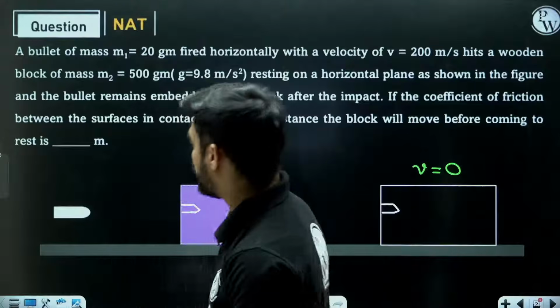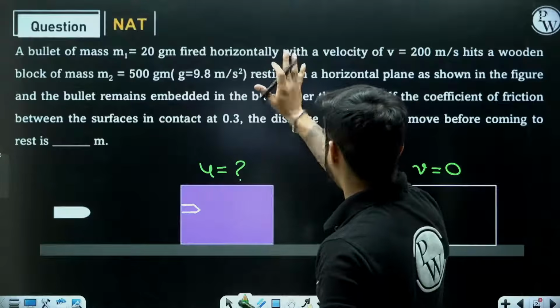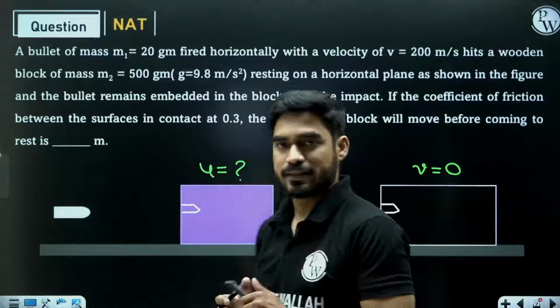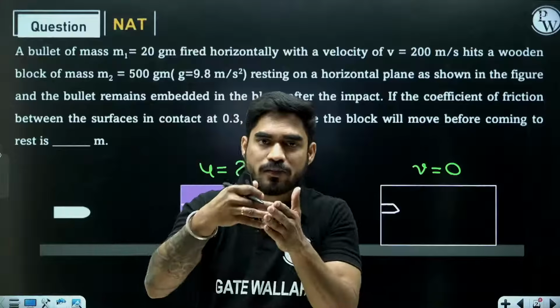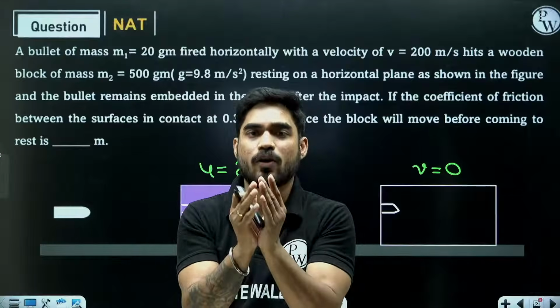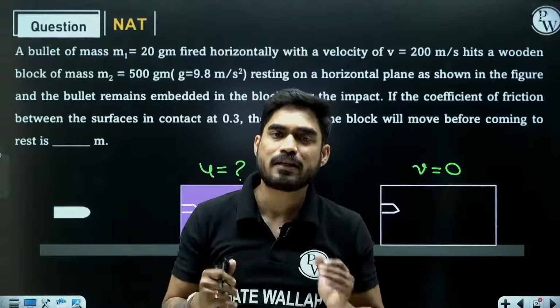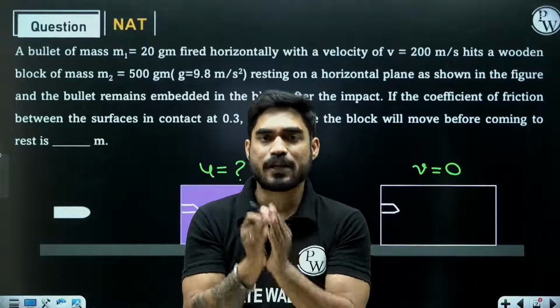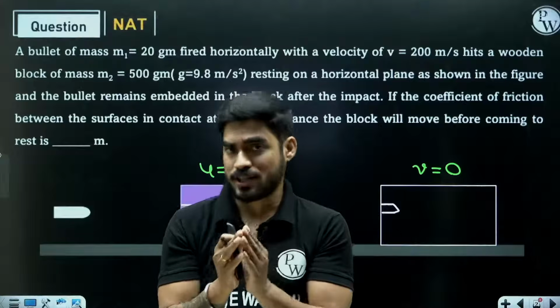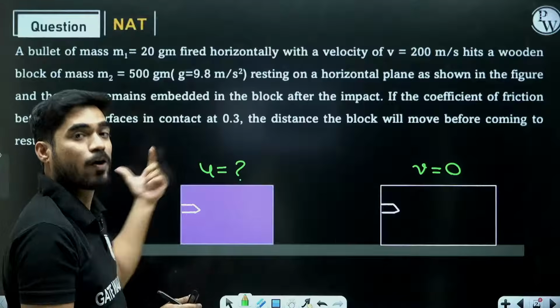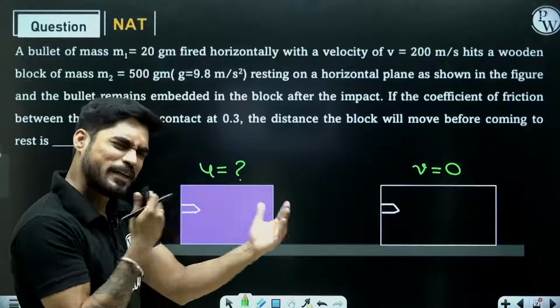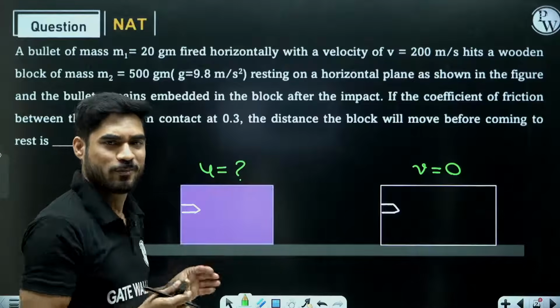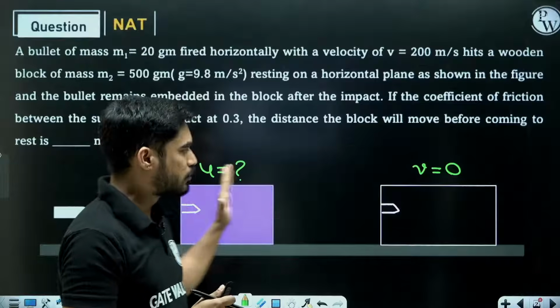See, right now the bullet is moving at 200 meter per second and the block is at rest. But when the bullet hits the block and they become a single body, the velocity will change. It will neither be 200 nor be 0. It will be some value between 200 and 0. With that initial velocity, both will move.